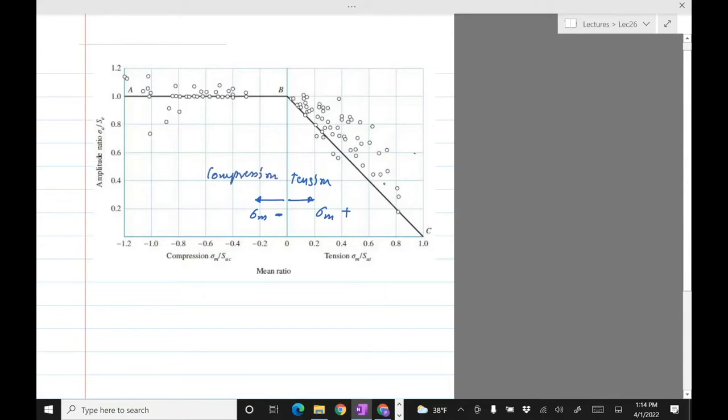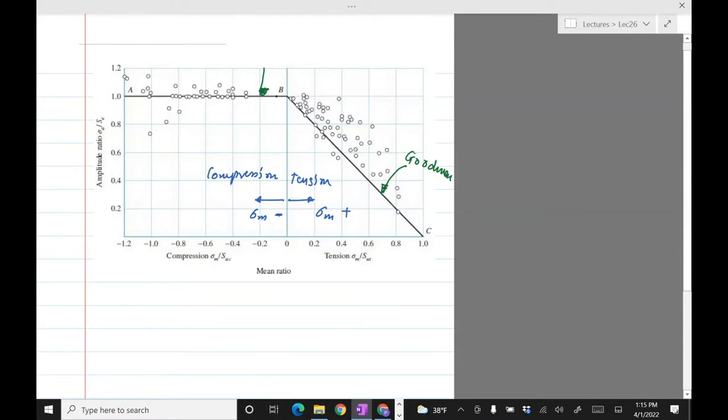Okay, so this is the Goodman line. This is the continuation of the Goodman line in the negative region. I think it's called the same. It's just the Goodman line in the compressive region.